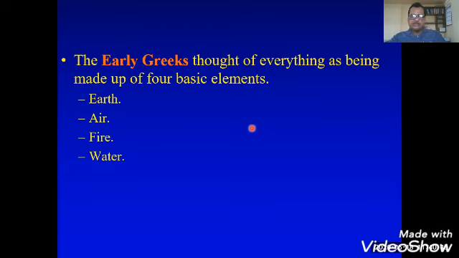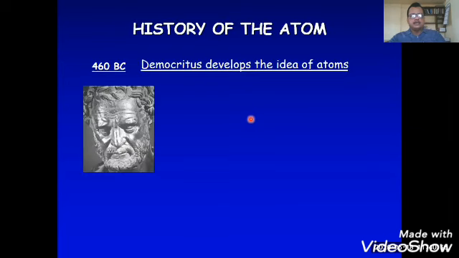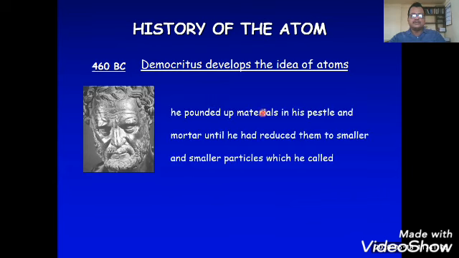New concepts and new ideas came into the minds of famous scientists, and slowly people started discovering the constituents of matter. It started in 460 BC with Democritus. He ground matter using mortar and pestle until it reduced to very small particles which could not be further subdivided.